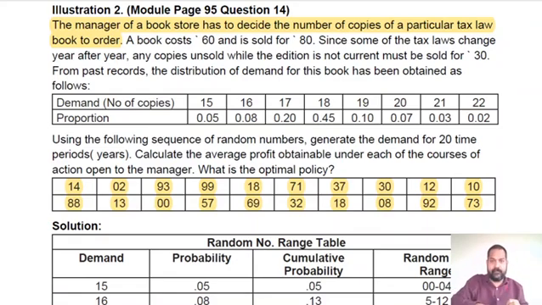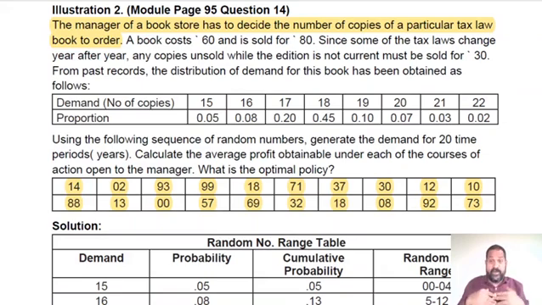And then they have told you that selling one book gives you a profit of 20. An unsold book is a loss of 30. And what are they saying? If you read the second line, calculate the average profit obtainable under each course of action.